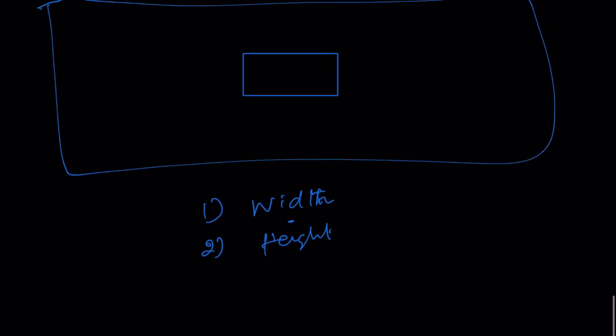One, what is the width of that button? When you have a button, the system should know how big it has to draw the button, right? And second, what is the height? Now the system knows how big the button has to be drawn.